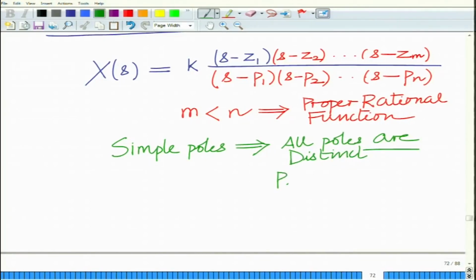That is, no two poles are such that pi equals pj; all poles pi not equal to pj. So all the poles are distinct.